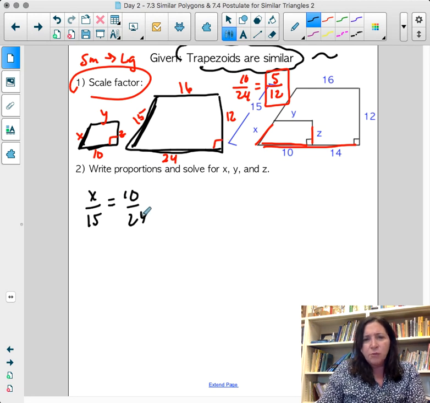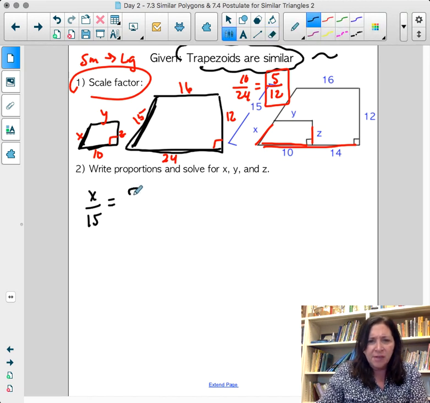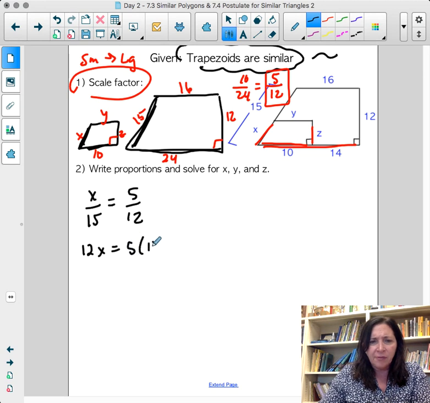But because we already reduced 10 over 24, it just is a better option to use a smaller value, because then you just have to reduce less in the end. So we're going to cross multiply, and we're going to get 12 times x is equal to 5 times 15. And I actually don't multiply all this out. I'm just going to divide by 12 like this, and then cancel, and that makes 1.